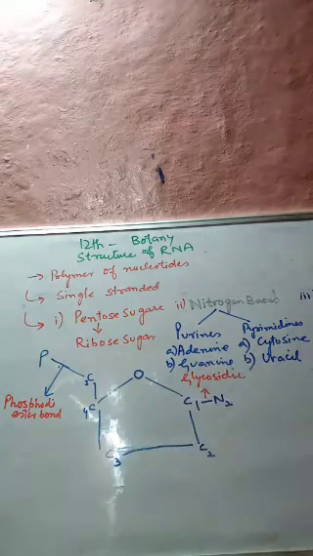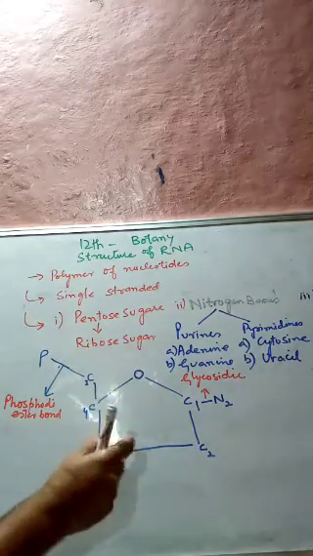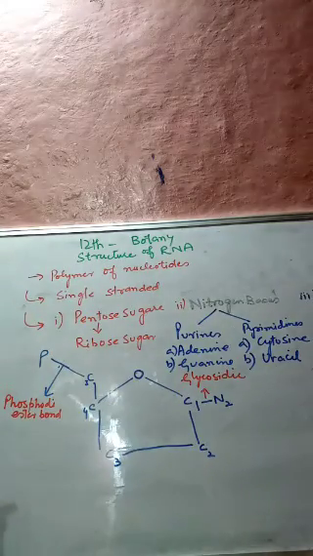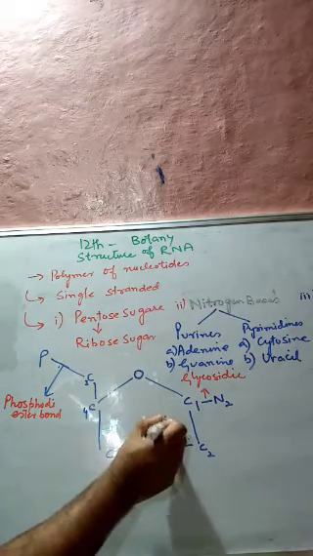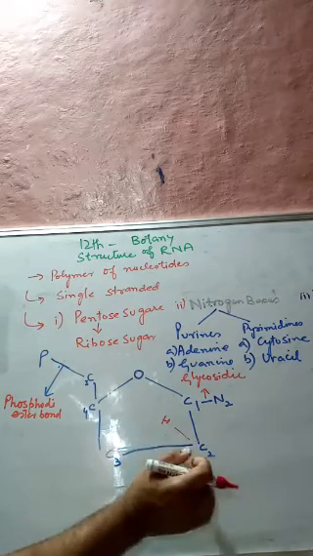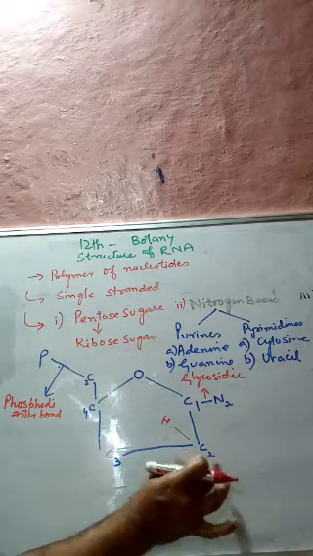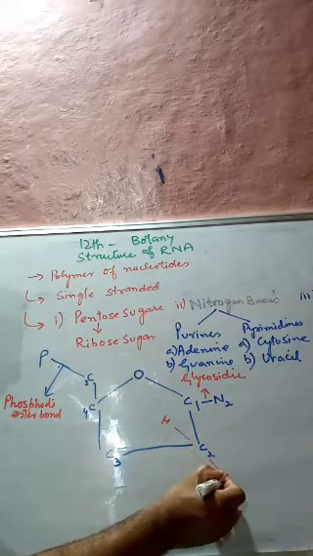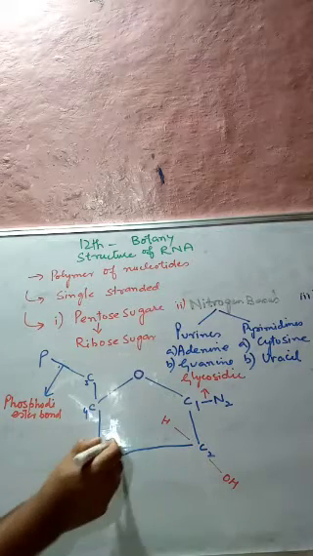Now the difference between ribose and deoxyribose. In case of deoxyribose, at carbon second it is H and H, to complete the valency of the carbon. Here there was hydrogen, here also hydrogen, but in ribose we have got one more functional group, that is OH.